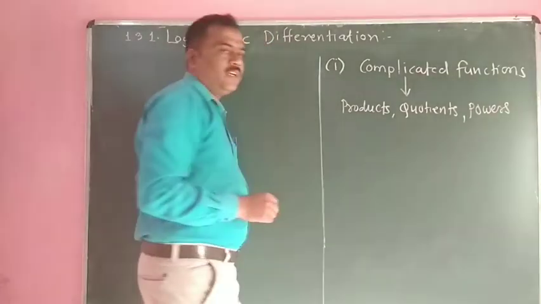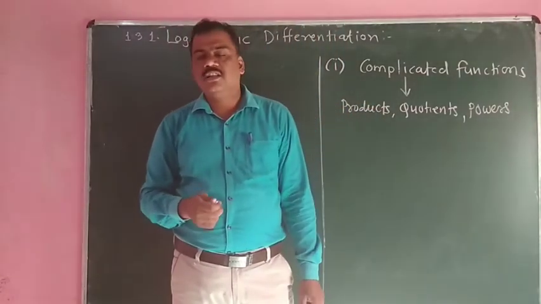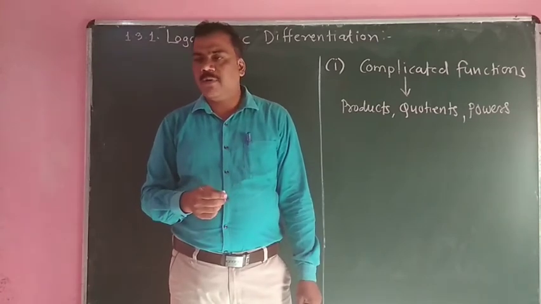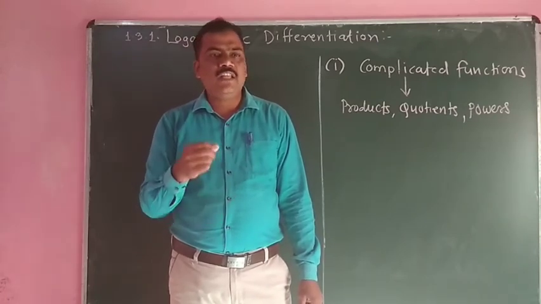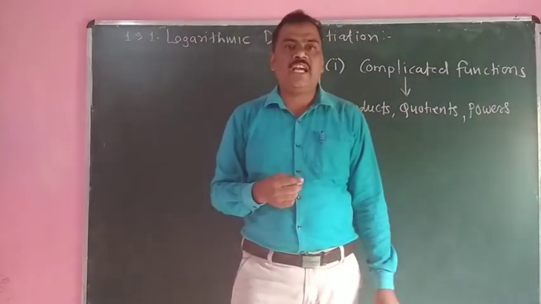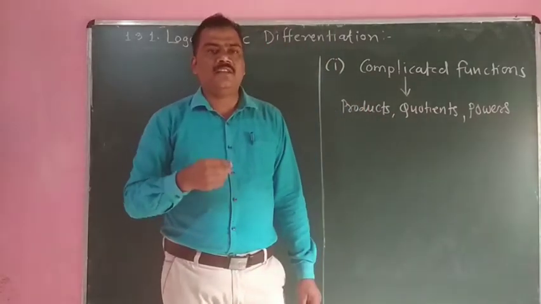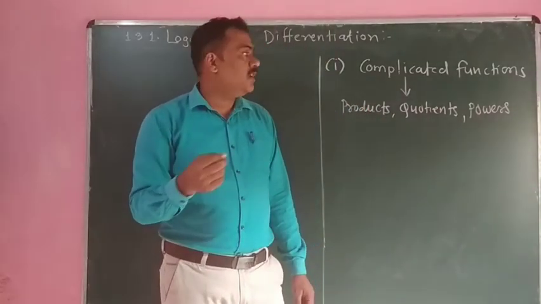The complicated functions given by the formula that involves products, quotients and powers can be simplified more quickly by using the logarithms, or by using the rules of the logarithms, or by using the natural logarithm on both sides.